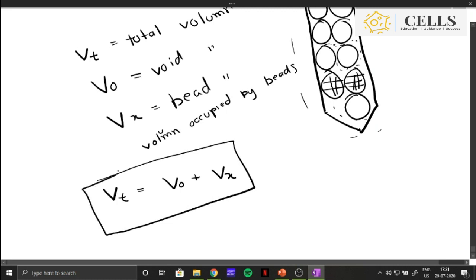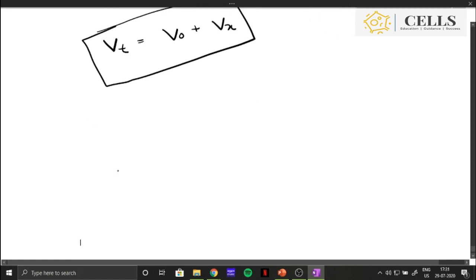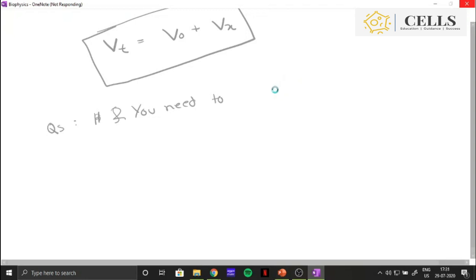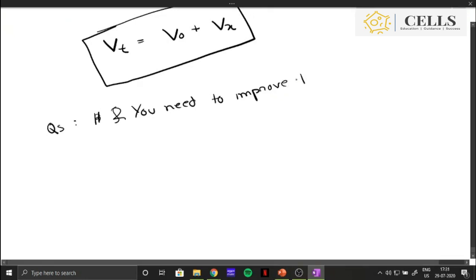And one more thing that is present here is how to increase separation. This is a question. We are about to finish today's lecture. Suppose you need to improve the purification using gel filtration.